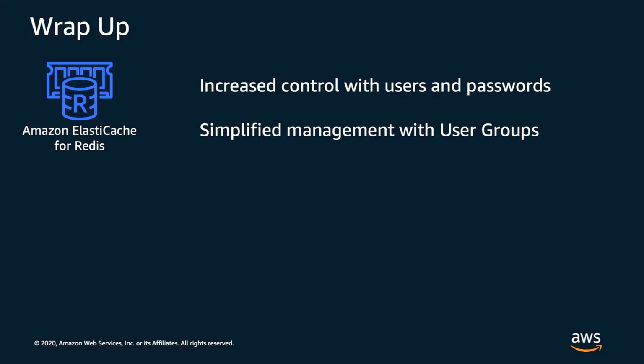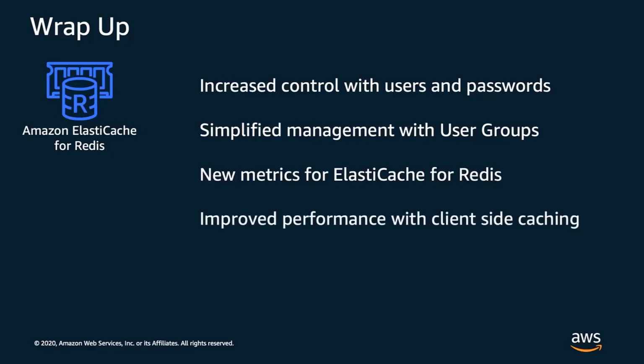You saw some really useful new metrics that are provided to Amazon CloudWatch, so now you can monitor and even be alerted of unusual activity. We saw impressive performance gains by implementing client-side caching, and we saw our average latency drop from about 1 millisecond to just hundreds of microseconds, and then even to single-digit microseconds. And finally, we walked through a quick process of how to upgrade your ElastiCache for Redis clusters so you can start using these new features right away.